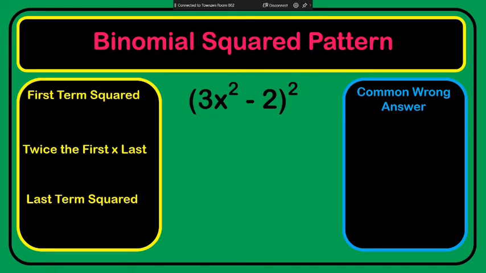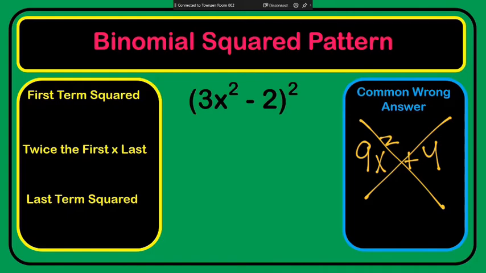Many students look at this problem and write down 9x squared plus 4. And that is the wrong answer. As you can see on the previous four examples, every answer was a trinomial. And so this problem is going to have an answer that's a trinomial. So you do not want to write down the common wrong answer.